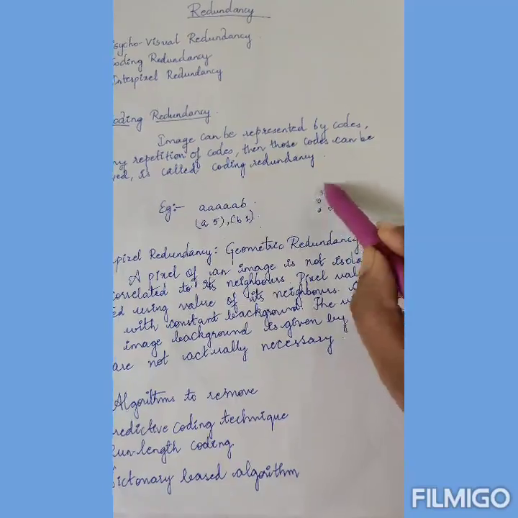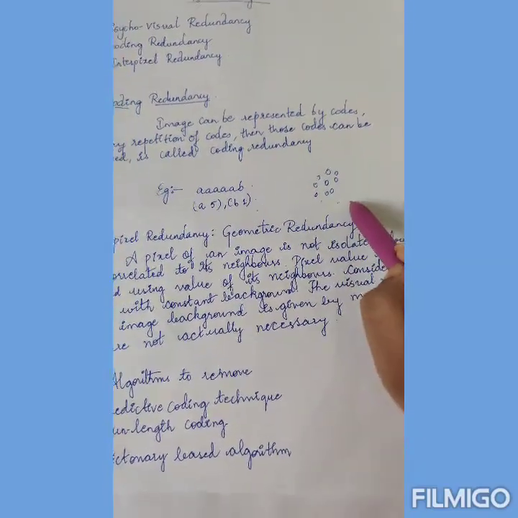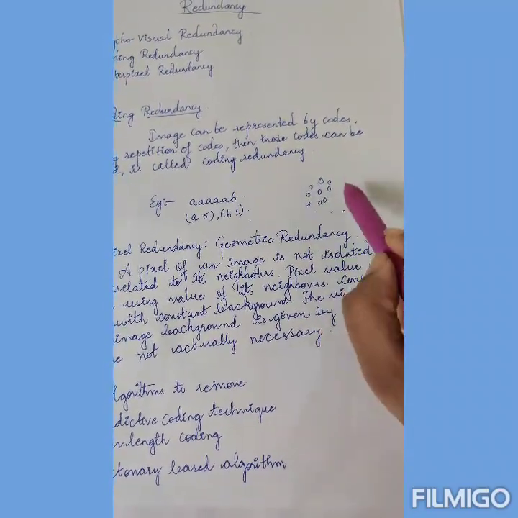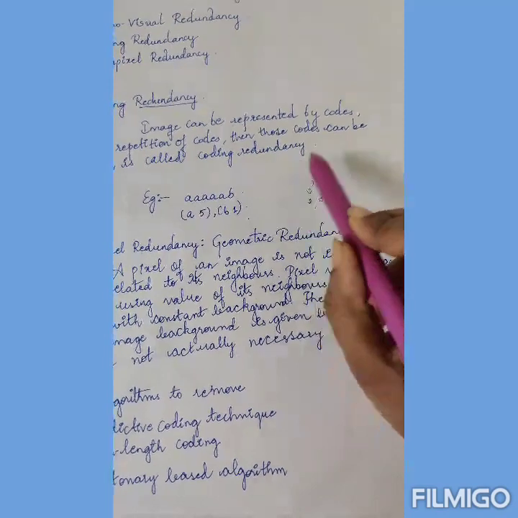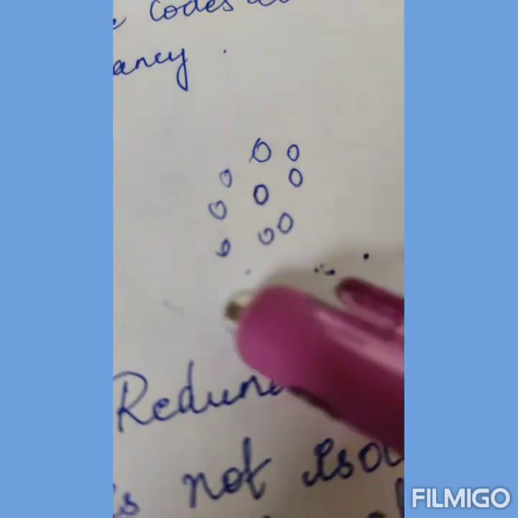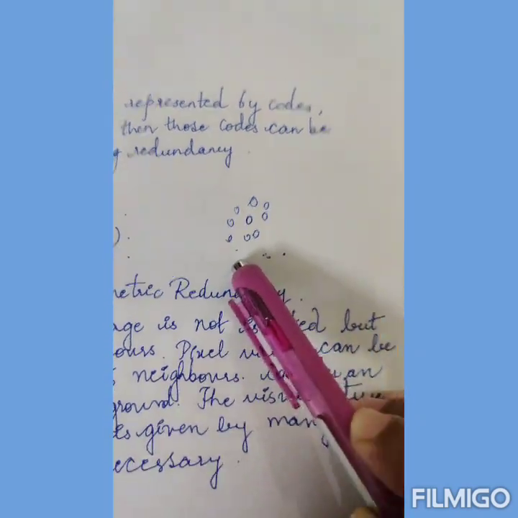And also in this image, the background is white color, right? So white color means all the pixels will be the same, that is 1 1 1 1 1 in the background. All the background pixels will have the same value.